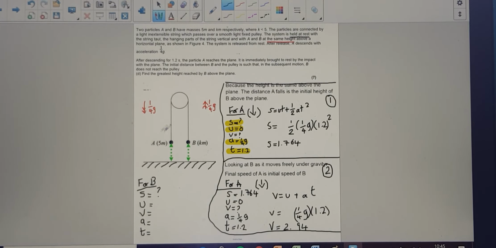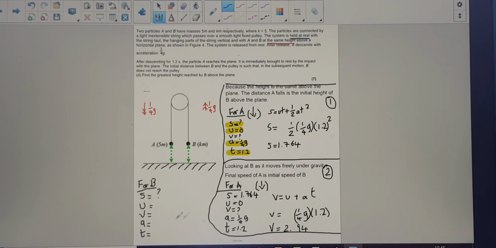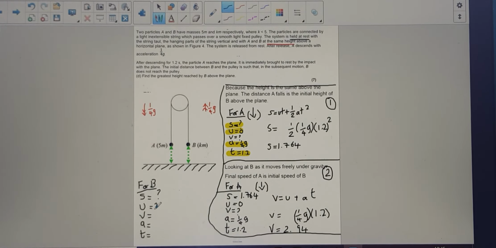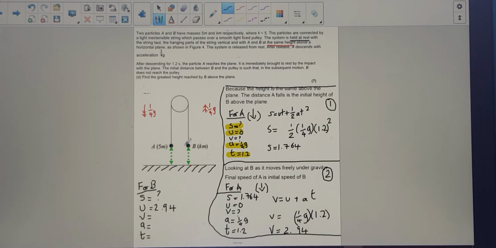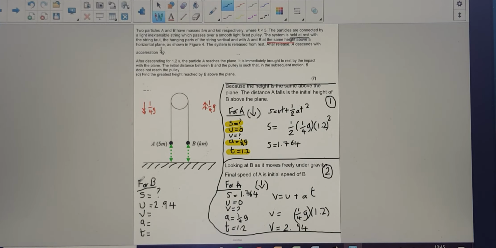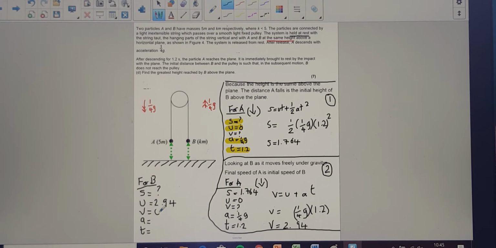The initial velocity of B will be the final velocity with which A hits the ground, which I worked out before, 2.94. Now, this is the bit we've discussed quite a few times. At its maximum height, just before it starts to descend again, my final velocity will be 0. Because there's no tension in the string, it's decelerating at gravity, so I've got minus 9.8, and t I don't know.